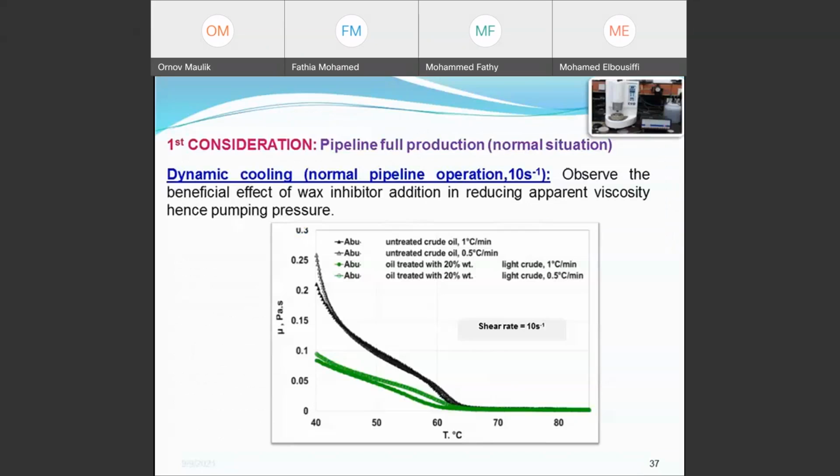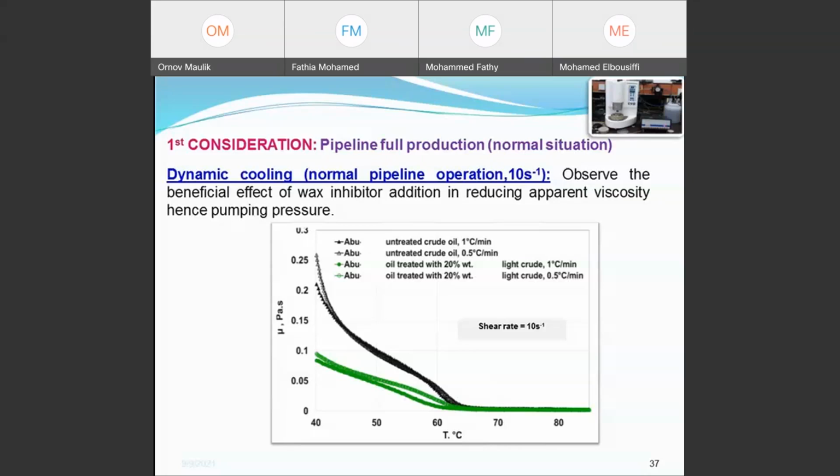The first is the capacity of full production, but under cooling rates which mimic the real condition. So we studied two cooling rates. This methodology will enable us to find the temperature at which the crude departs from Newtonian behavior towards non-Newtonian.